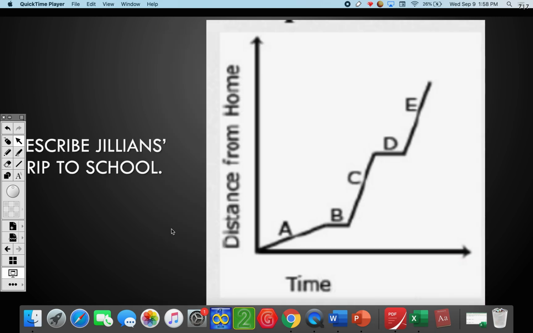Okay, so let's look at this again. So we have this section where you are stopped. Sections E and C are almost the same steepness, so they're going the same speed.